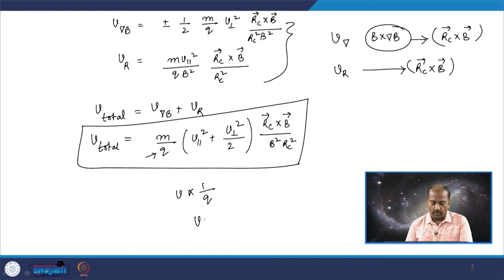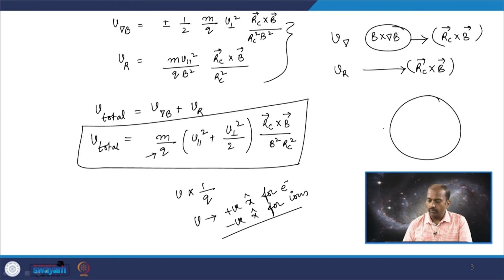That means the direction of V will be in the positive x cap for electrons and in the negative x cap for the ions. So, we have seen that for a geometry like this, the particles will move to either side of the earth, constituting a current which is called the ring current.